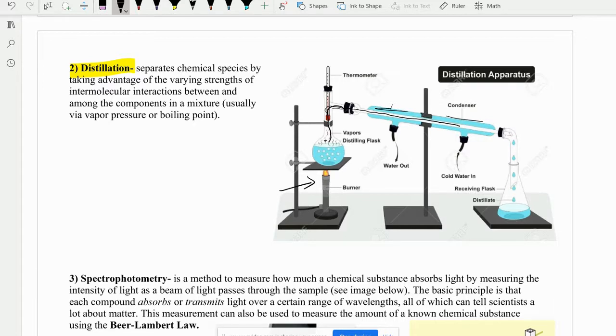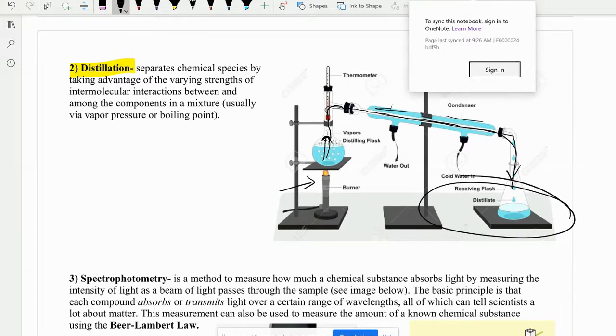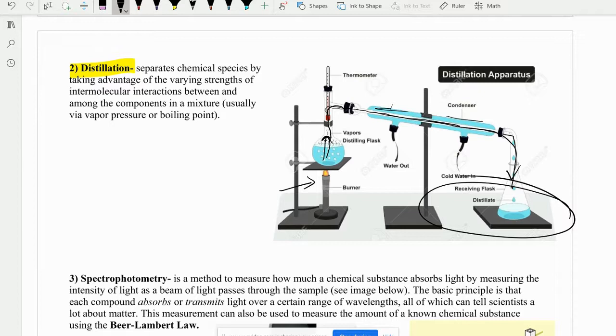And as those gas molecules come into contact with the cold environment around it, so the cold water, those gas molecules are going to now condense back down into their liquid state. And so what you would have here is that if we have a certain temperature that's being reached, and that liquid is boiling off, then you're under the assumption that whatever is being captured on the right side into this flask is actually a pure substance.